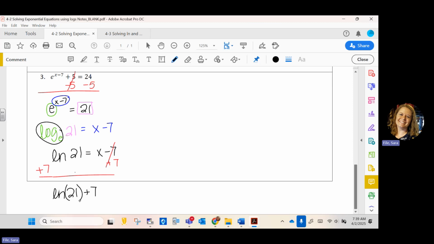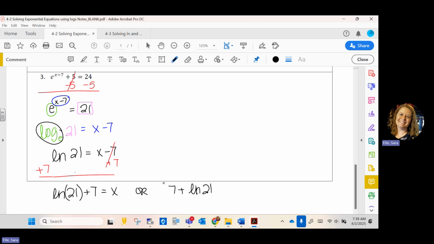It is outside those parentheses. Or you could put the 7 at the beginning and you could say 7 plus the natural log of 21. Then it's very clear that the 7 is not part of the log, right? You put it in front. Okay, so whichever format you like.